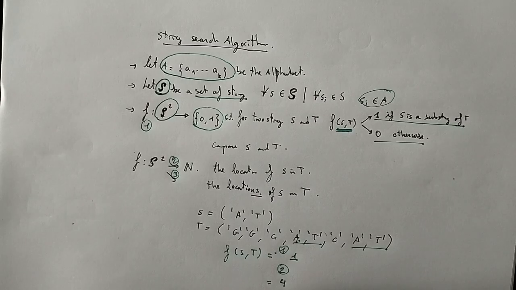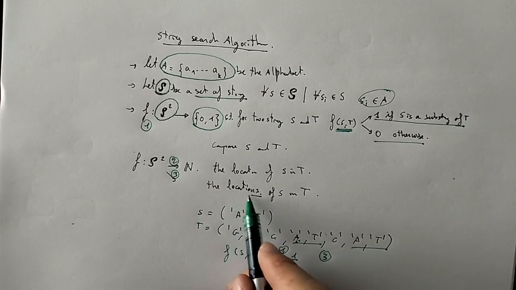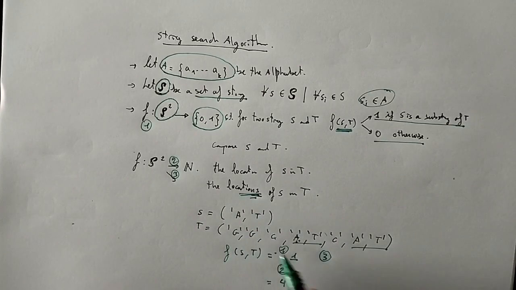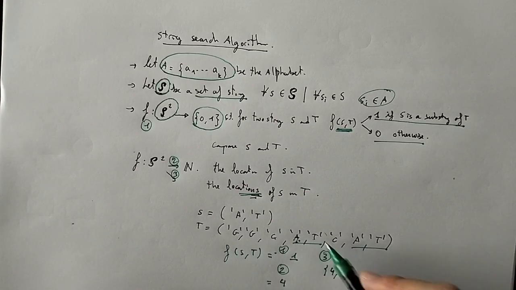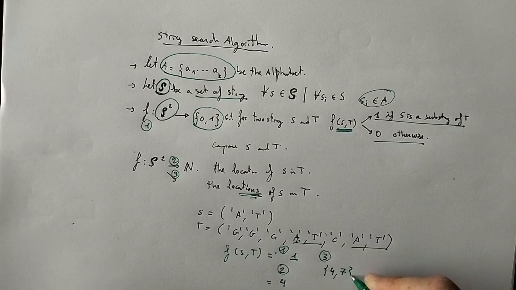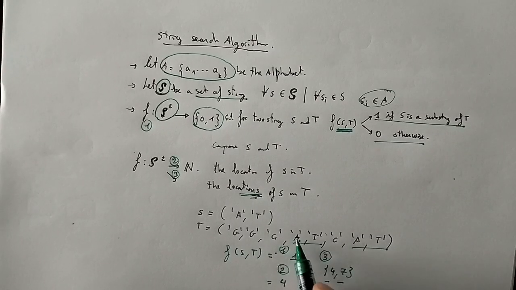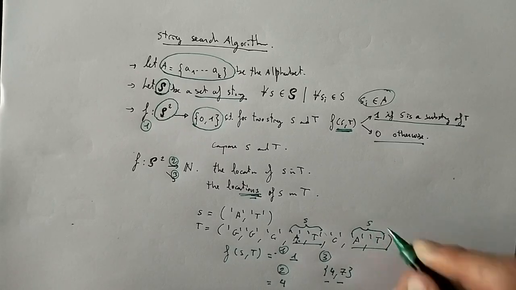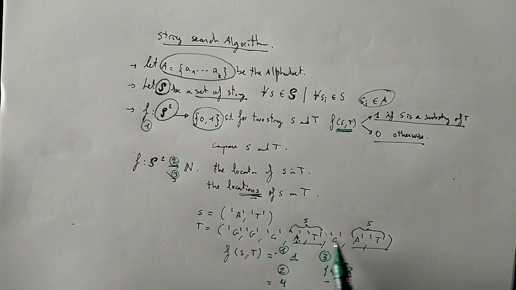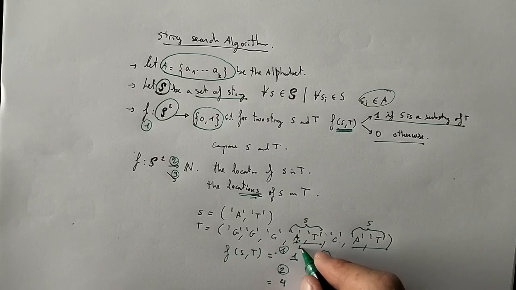And the third possibility here, the locations of S, the output would be 4 and 7. Because S is here, S is here, it starts at position 4 and starts at position 7.